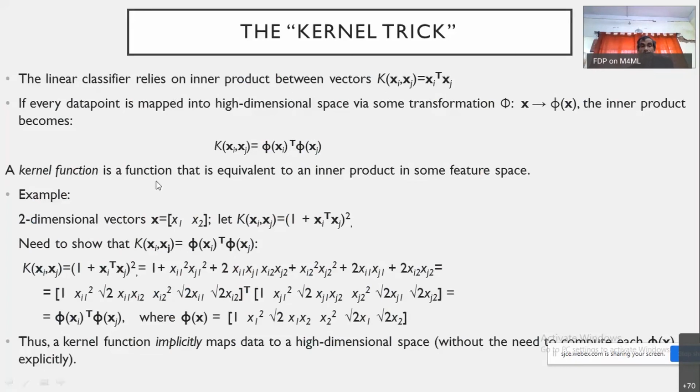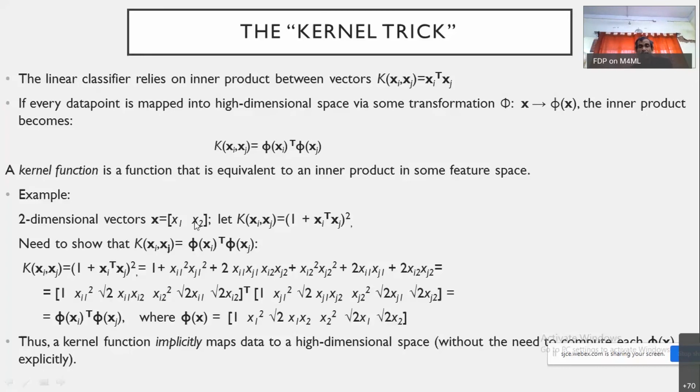A kernel function is a function that is equivalent to an inner product in some feature space. So all functions will not satisfy this property, only a couple of functions. Only those functions which satisfy the property that K(x, y) is equal to phi(x) transpose phi(y) will be very useful.